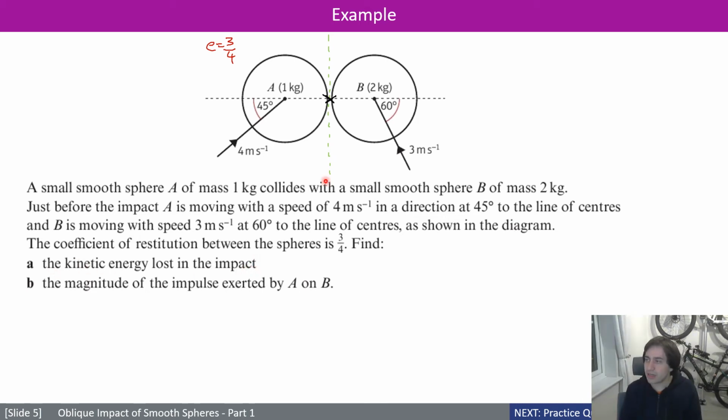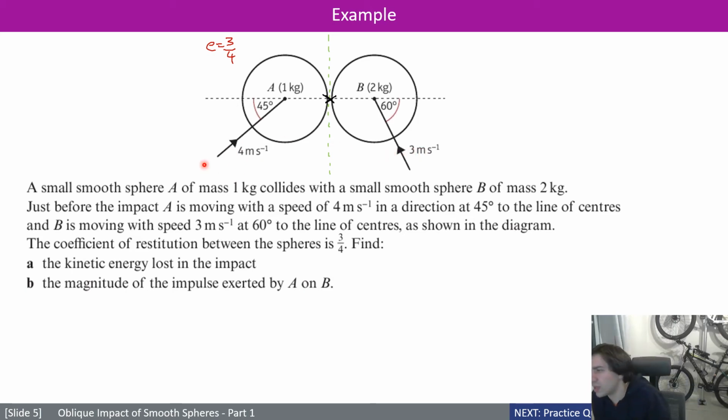Now, funnily enough, in the textbook, what they do is they work out the final velocities, the complete final velocities taking into account the direction, and find the difference between that final kinetic energy and half mv squared, where they take 4 and 3.